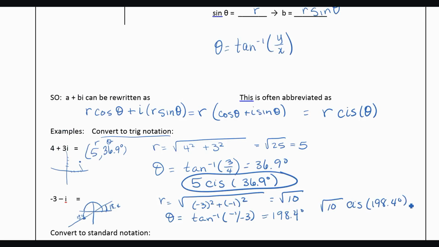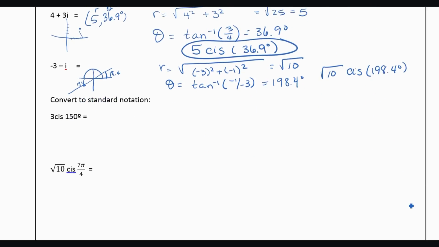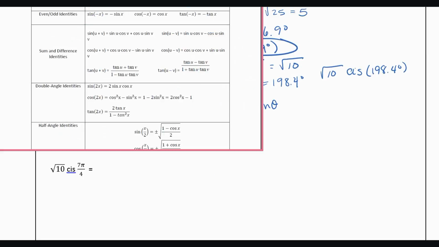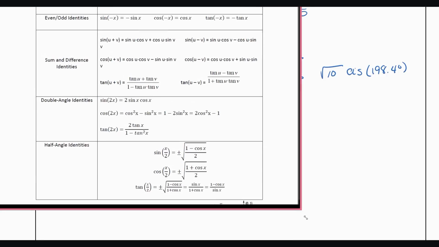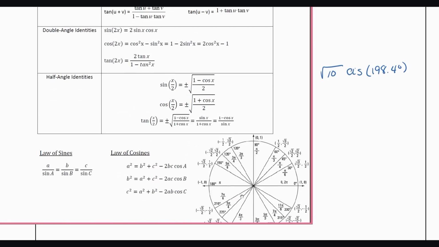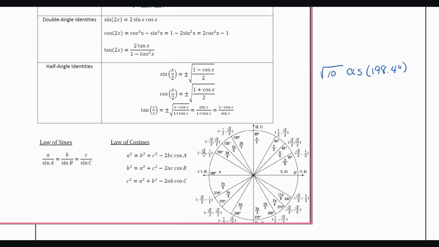Okay, now we're going to go the other way, which again is a little easier, just like it was for polar. We know for here that a is equal to r cosine of theta, and b is equal to r sine of theta. So our a here would be 3 cosine of 150 degrees, which from our unit circle, if we go to 150, we see cosine is negative square root of 3 over 2.